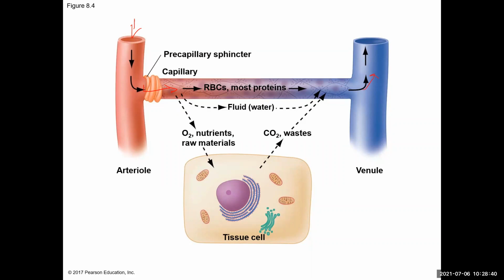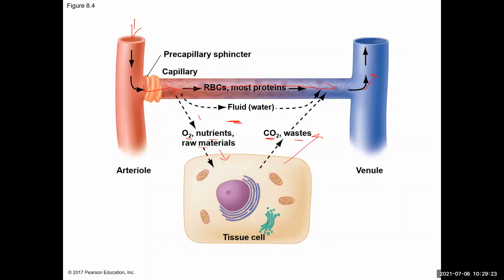Now, as the blood is traveling through this capillary, there are diffusion gradients, osmotic gradients, and then there are active transport molecules, proteins that are causing material to move from the capillary into this interstitial fluid and into the cell. Okay? And so you have things like oxygen, nutrients, raw materials for molecules moving into the cell, and then you have carbon dioxide and waste moving out of the cell.